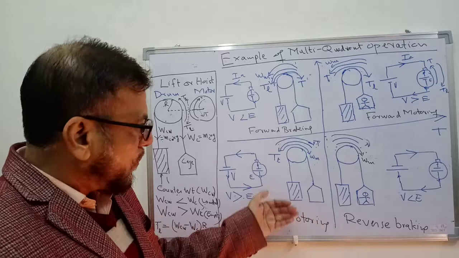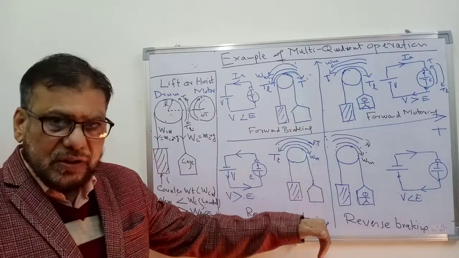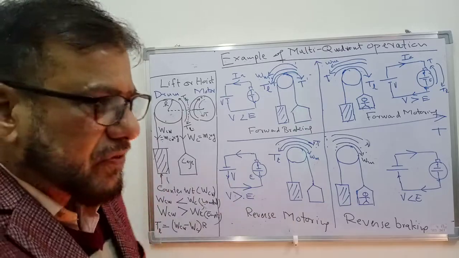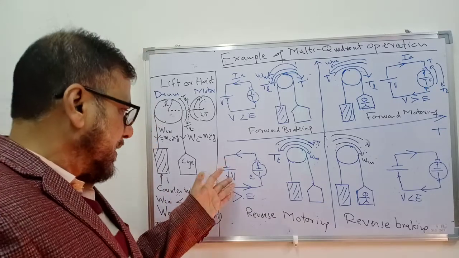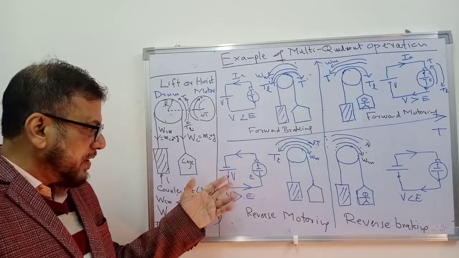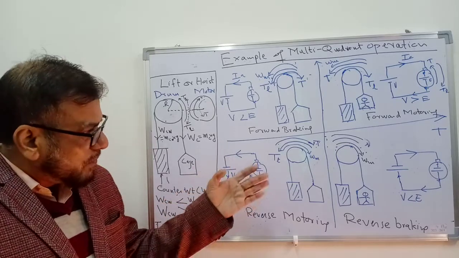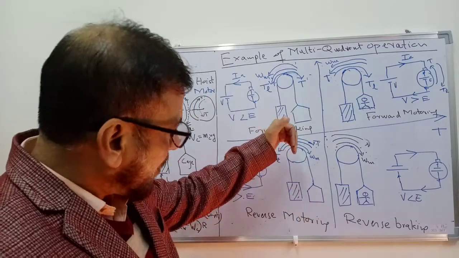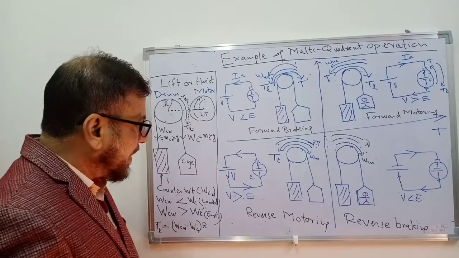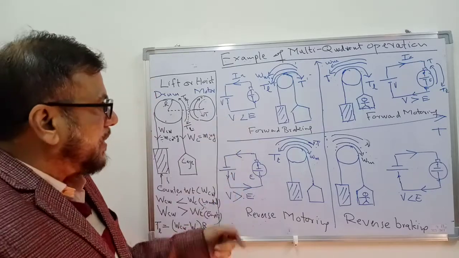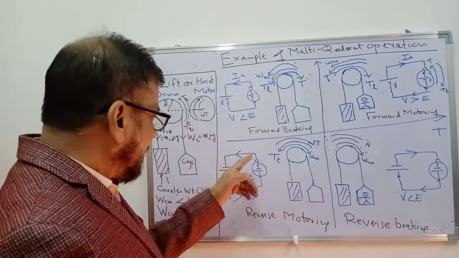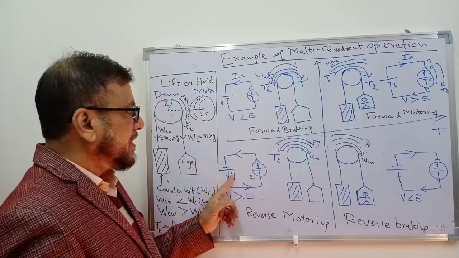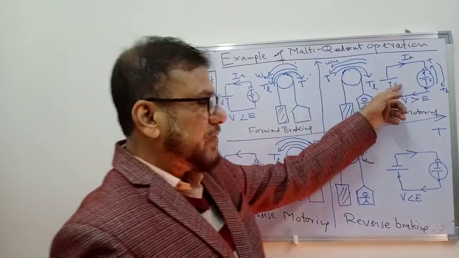That is, if you have to lower the empty cage downward, then you have to produce a motoring torque in the reverse direction. If we are using a DC motor here, we have to move the lift in the downward direction. This means that the speed has to be opposite to what it was in the previous cases. So the voltage has to be reversed. Voltage is negative here. Earlier it was positive in both cases.